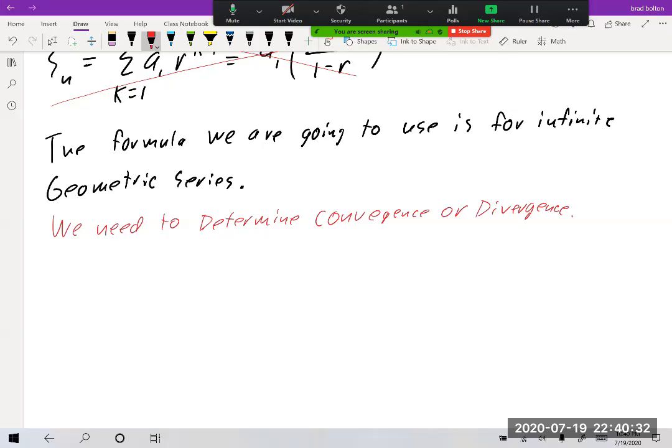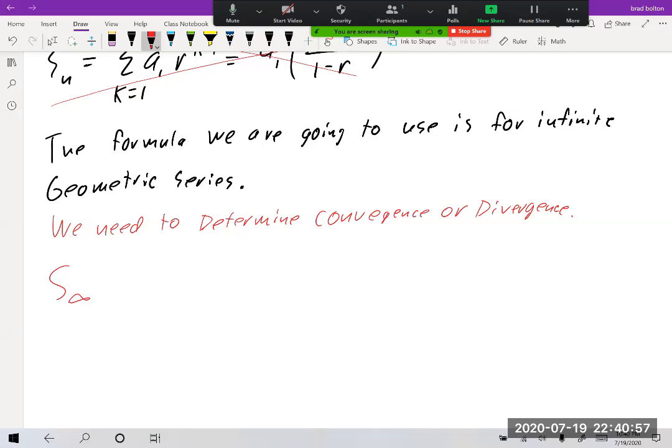So you're going to add up all the terms, and if those terms add up to a specific number or they approach a specific number, we're going to say that it converges. Now, if those terms do not add up to a specific number or they add up to infinity, then we're going to say that it's divergent. So think of finite versus infinite. Remember, you're adding up an infinite sum. So basically in your book, I believe they call it this, S sub infinity.